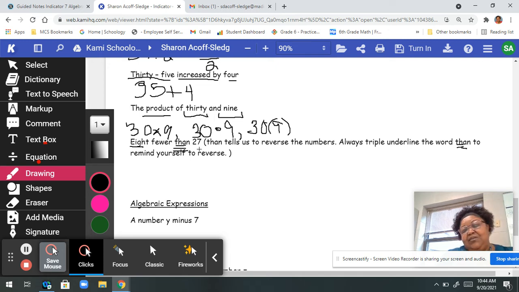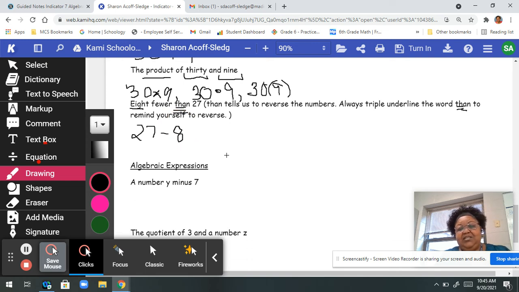So this is 8 fewer than 27. Fewer than is subtraction. So it's not going to be 8 minus 27. It's going to be, that goes first, 27 minus 8. And again, we will not be evaluating these numeric expressions.